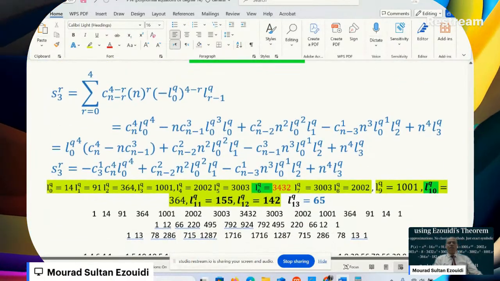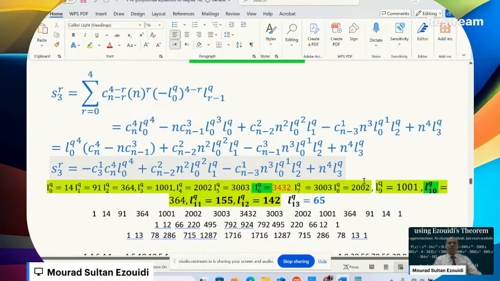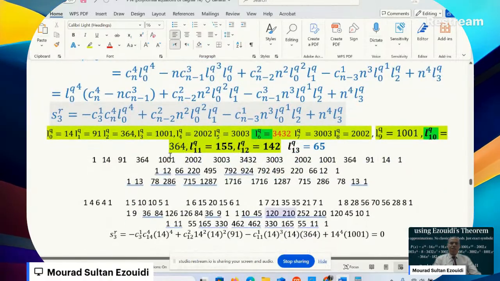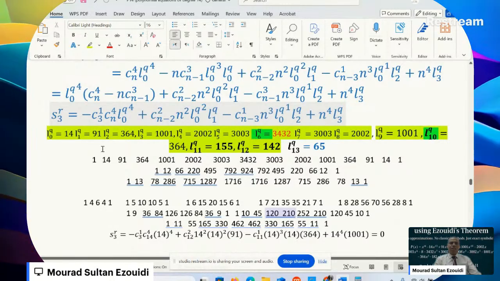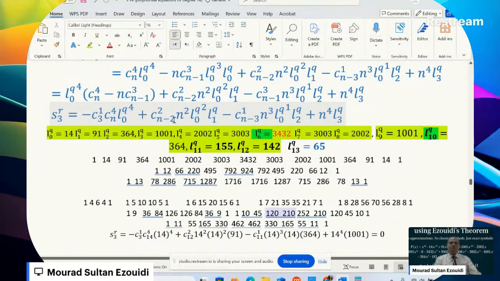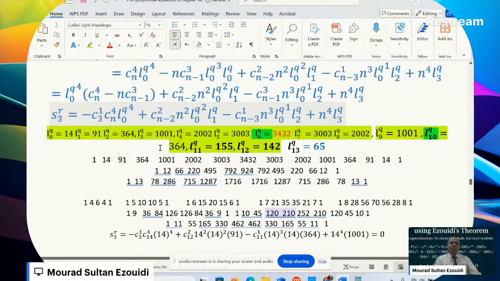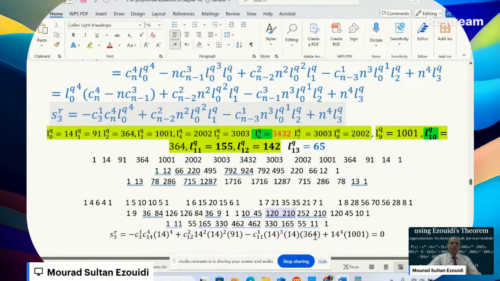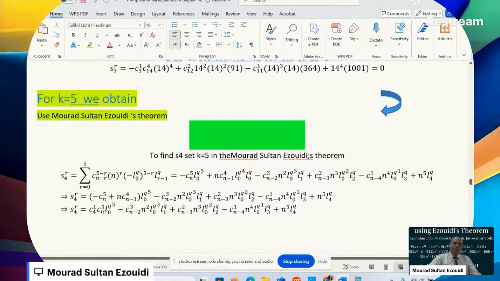Here S3, this is the formula after expanding the theorem when k equals 4, and we just replace L3 with 1001, L2 with 364, L1 with 91, and L0 with 14, and do the calculation. You'll see that it is going to be equal to another value here. Okay, we proceed now.